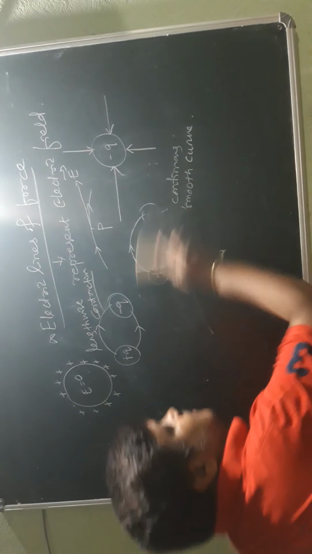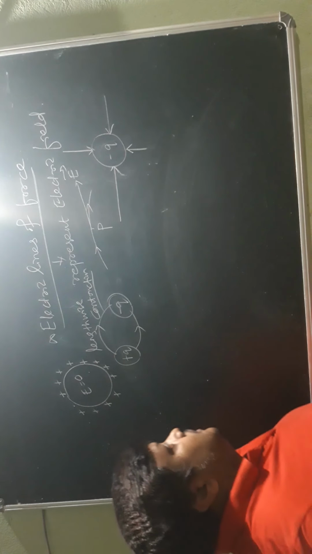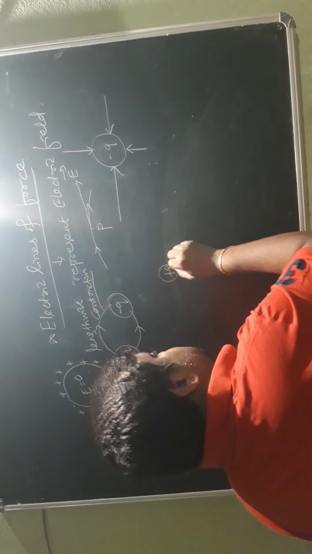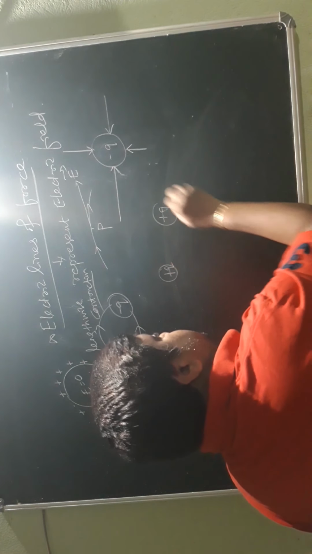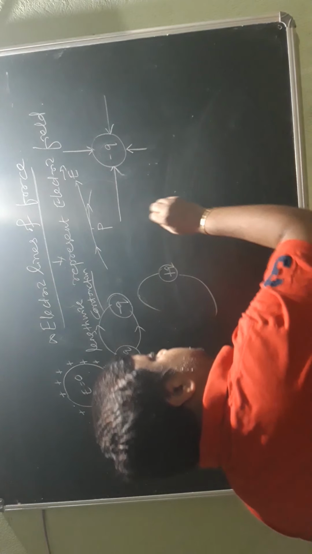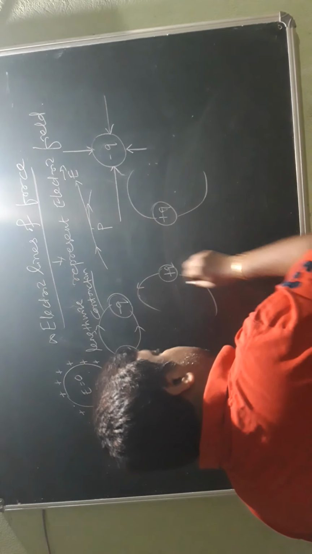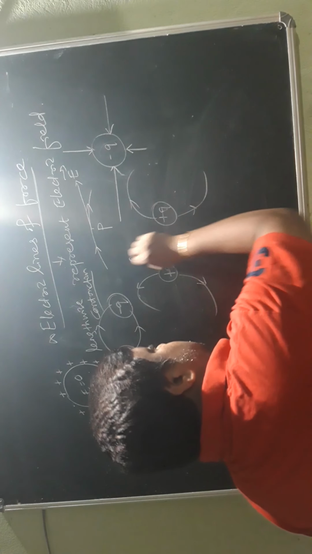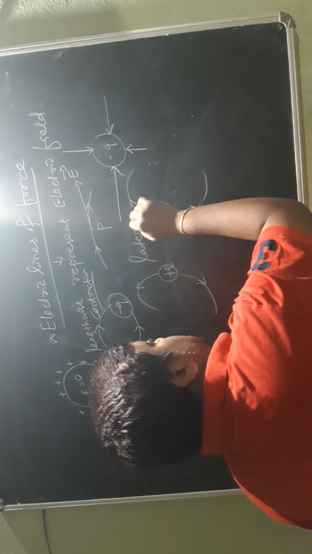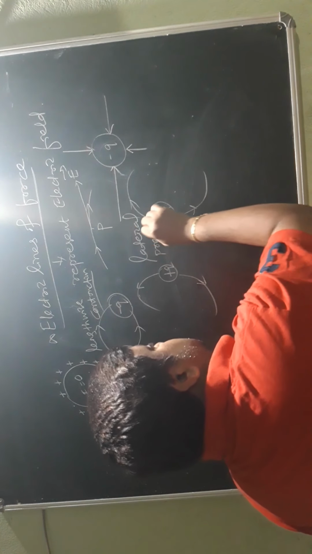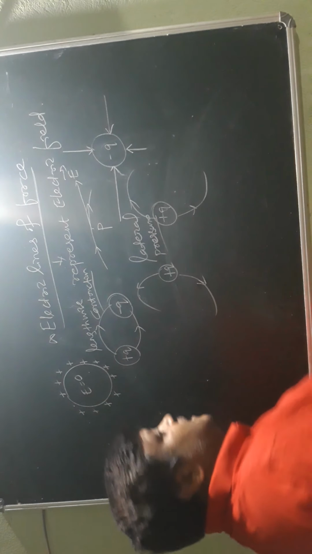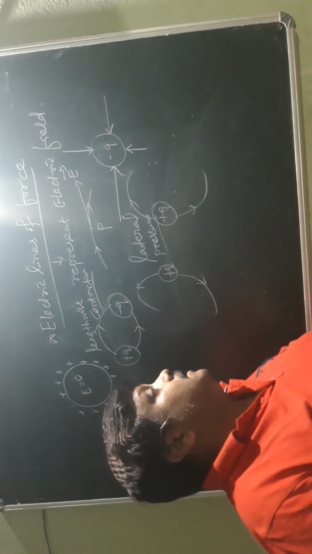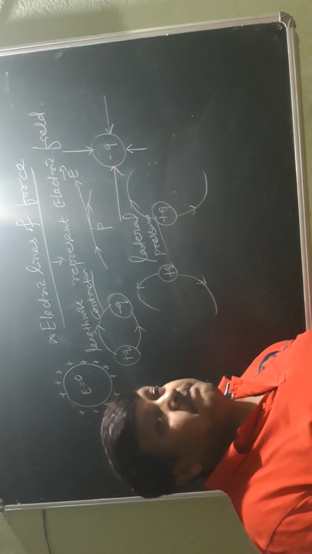Suppose you have two similar charges, then there is a property called lateral pressure of the electric lines of force, which tells you about the repulsive force between the two similar charges.